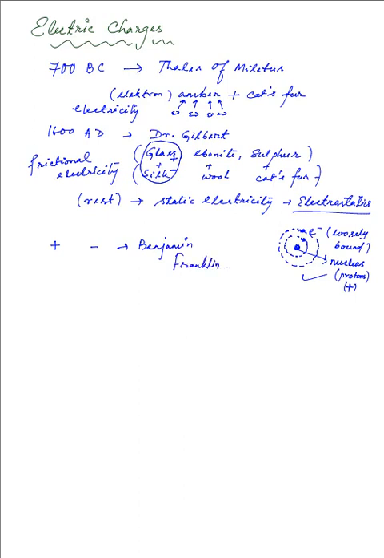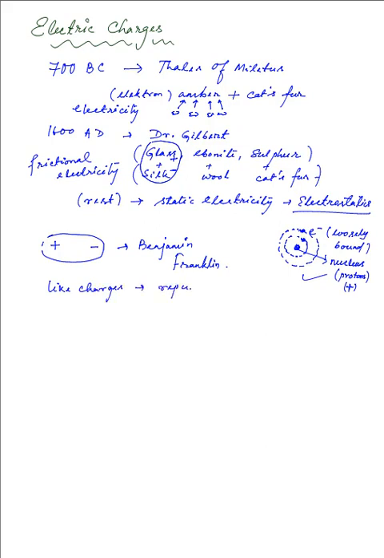Now, the case of the interaction between these two charges, let us say positive and negative charges. It has been observed that like charges, as in positive positive or negative negative, tend to repel each other.